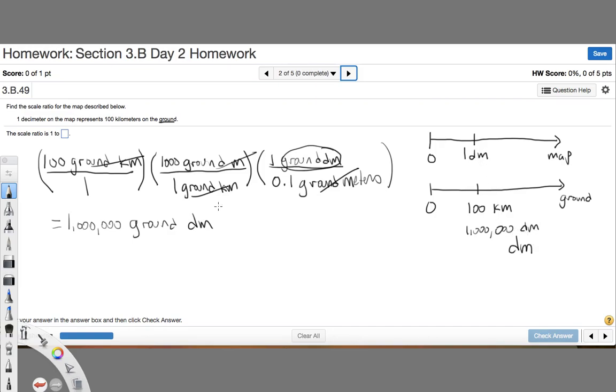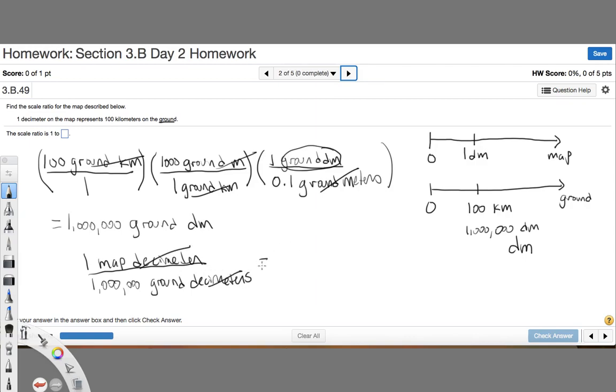So notice that we can say 1 map decimeter divided by 1 million ground decimeters.